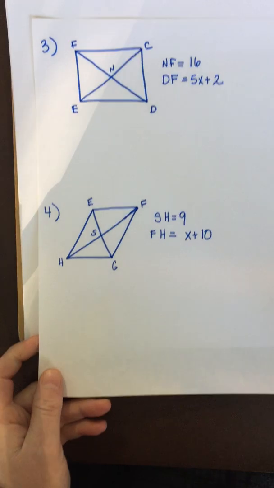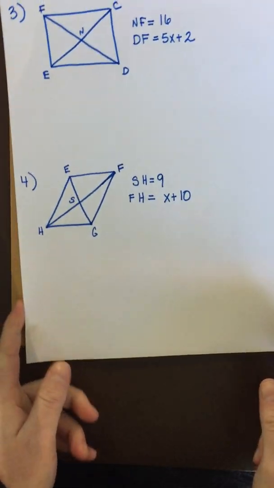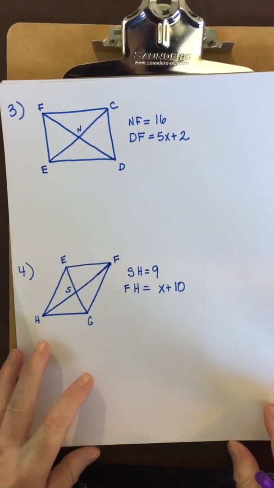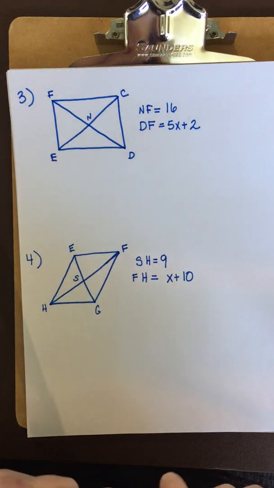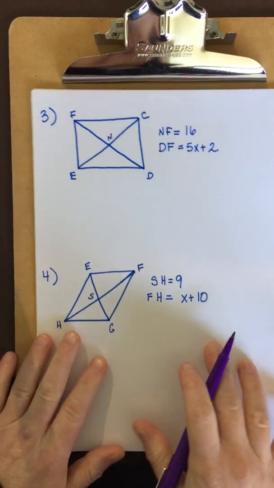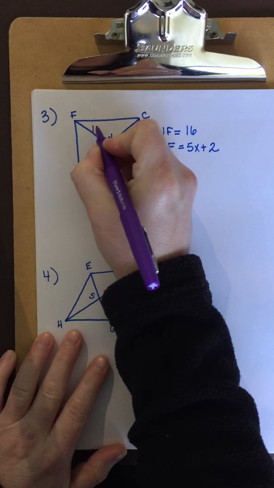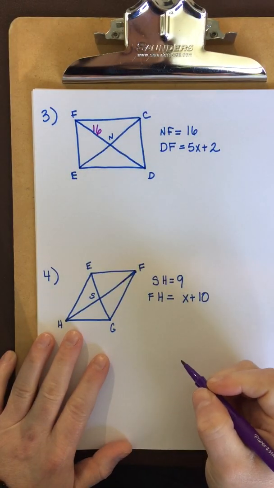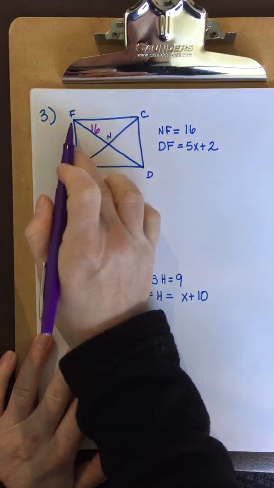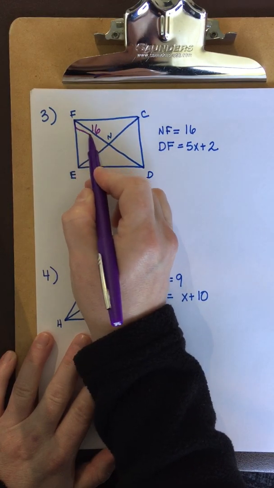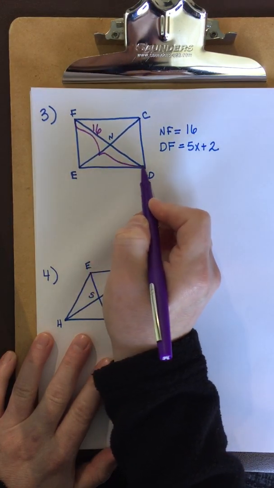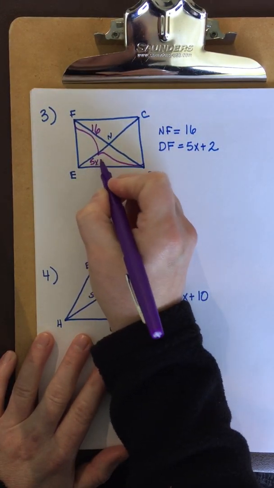All right, let's look at a couple more. For number 3, it says that NF is 16, so NF is 16, and DF is 5x plus 2. Now, DF is this entire diagonal, 5x plus 2.